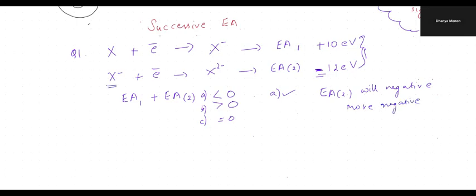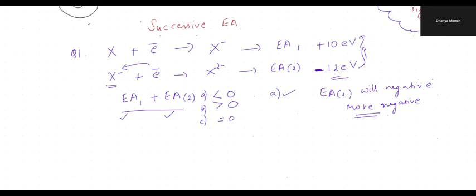There is already a negative charge, and adding electrons to this is very difficult, so the amount of energy provided is high. That is why the second electron affinity is highly negative, and the sum of the first and second electron affinity will be less than 0.